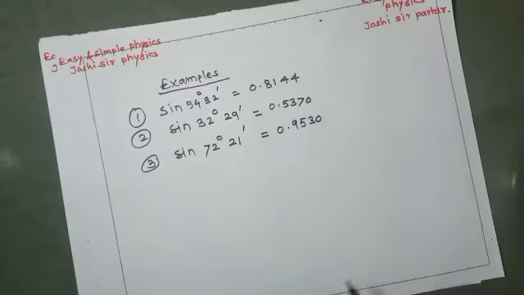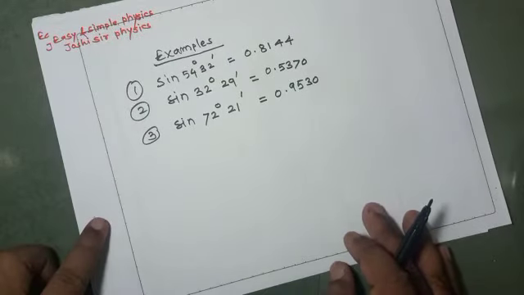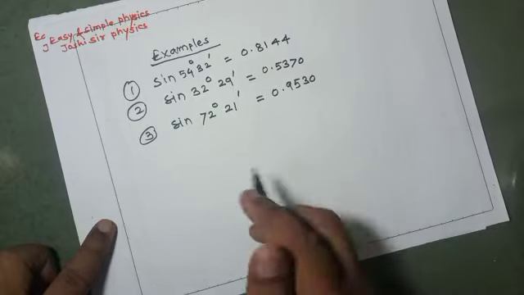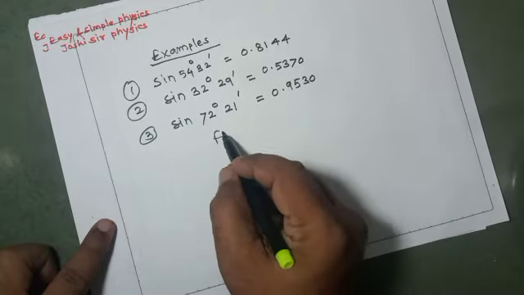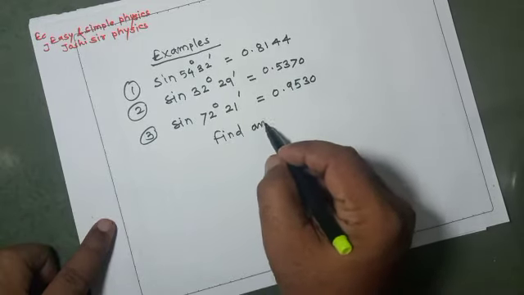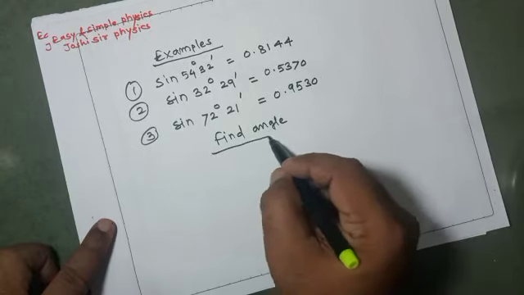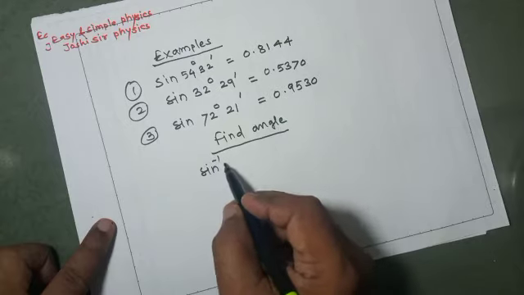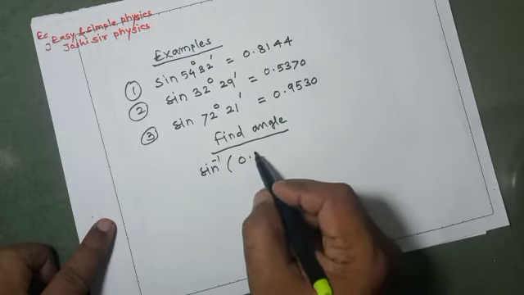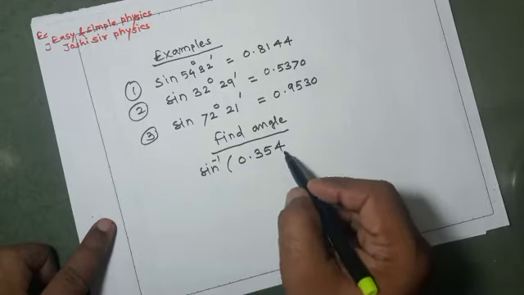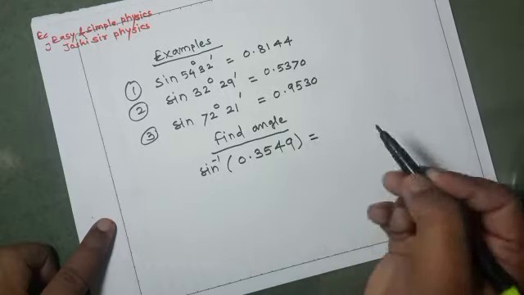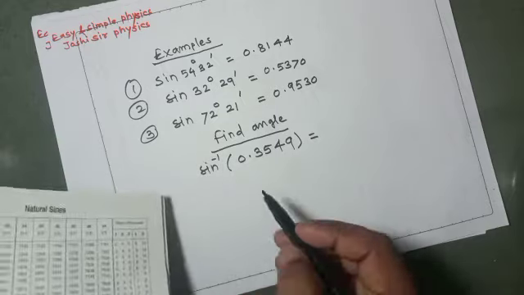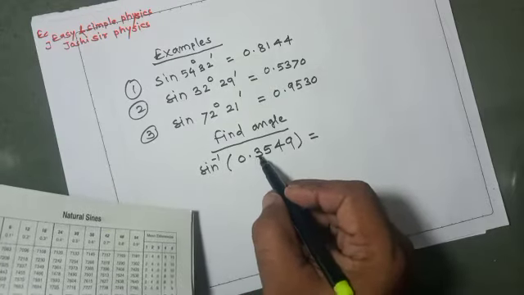But if the value is given and the question asks to find the angle, means if the question is sine inverse 0.3549, the value is given, what will be its angle? We can take 0.35.